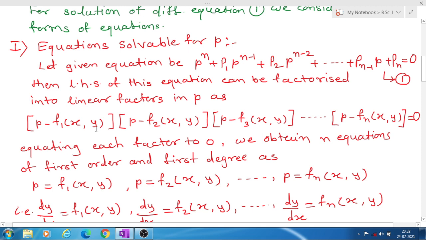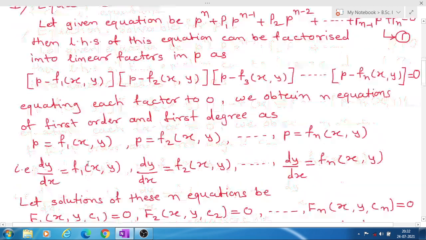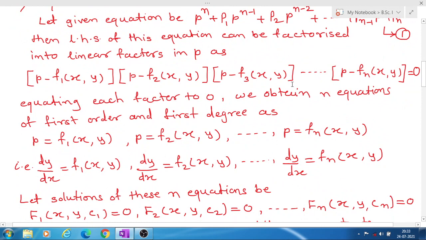So there are these n factors, and the product of these n factors is equal to 0. Now we can equate each factor to 0. Therefore, p minus f1(x,y) is equal to 0.